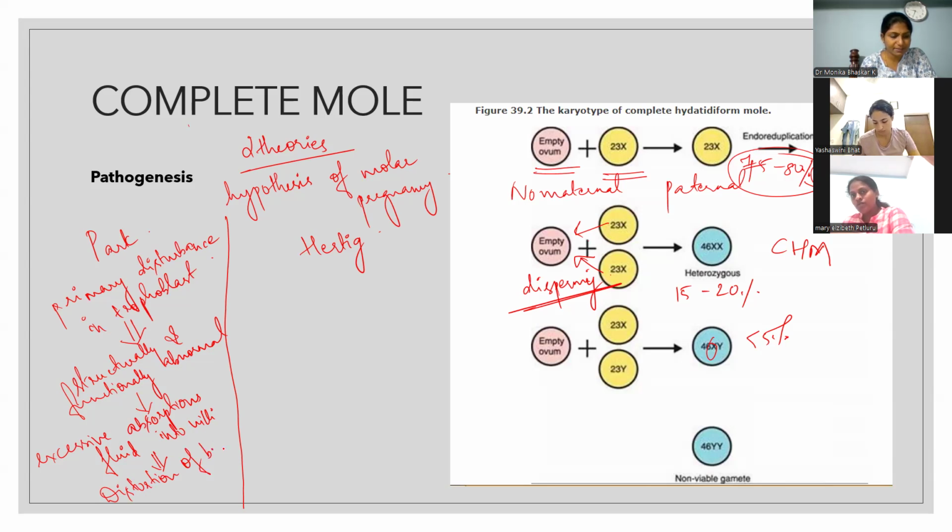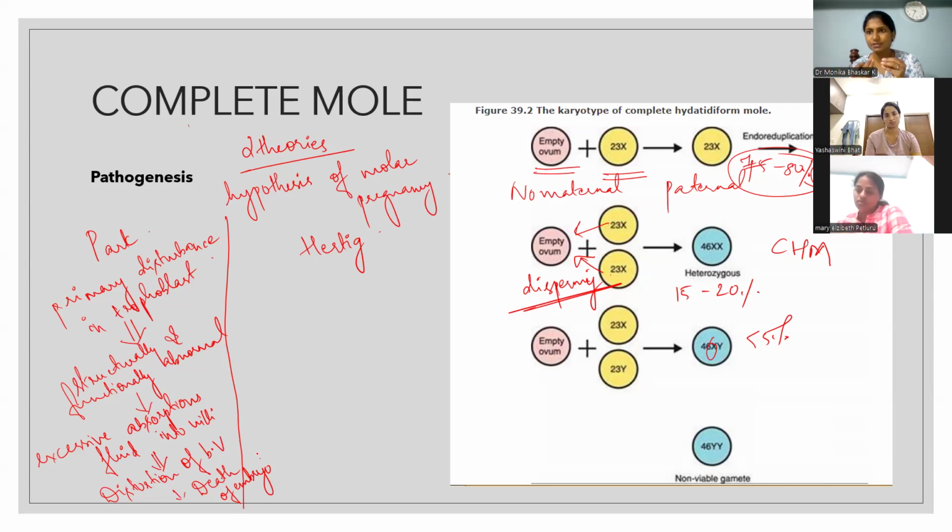So this will cause the death of the embryo, or whatever has formed. So there is no embryo, there is only the proliferation of the trophoblastic tissue. So this is the Park theory, where there is a primary disturbance in the trophoblastic tissue which results in it being abnormal both functionally and structurally.